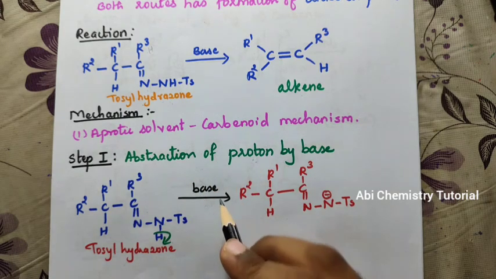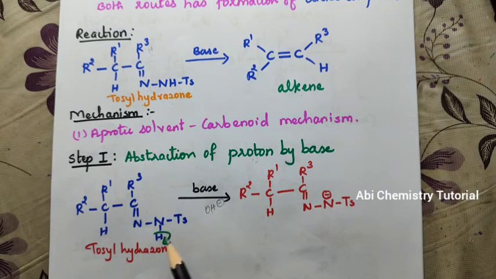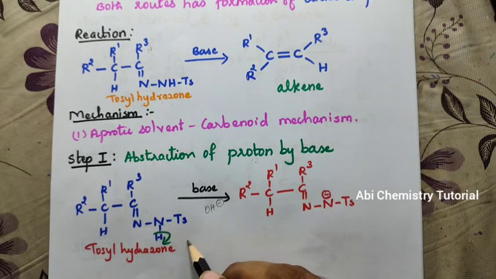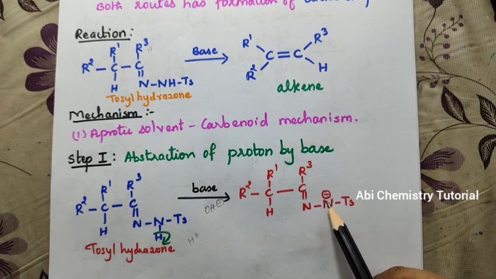The base is OH minus, and this will abstract an H plus from the hydrazone's nitrogen, and this nitrogen will get a negative charge.